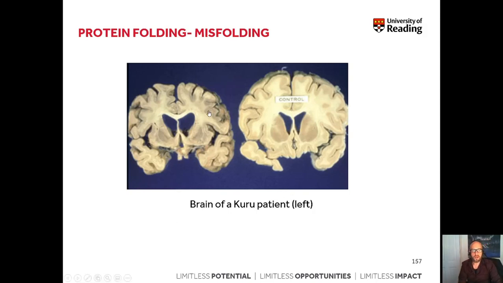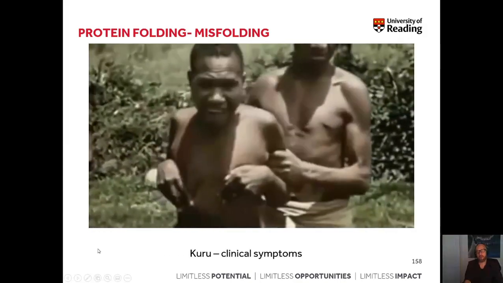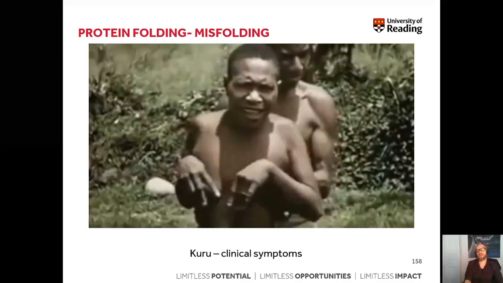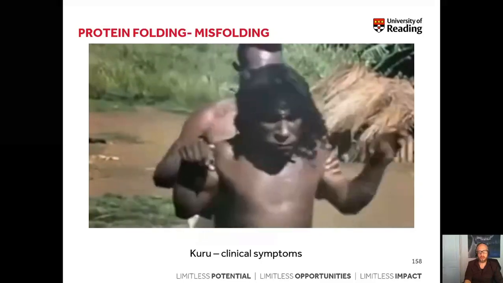So what you can see here on the left-hand side is a brain of a patient suffering from Kuru. If you compare the size of the brain to a healthy control brain, then you can see there is a really high level of neurodegeneration going on. And similar to the symptoms of scrapie, patients with this disease lose control of motor function in their body.